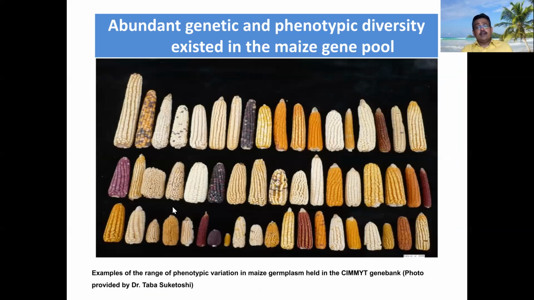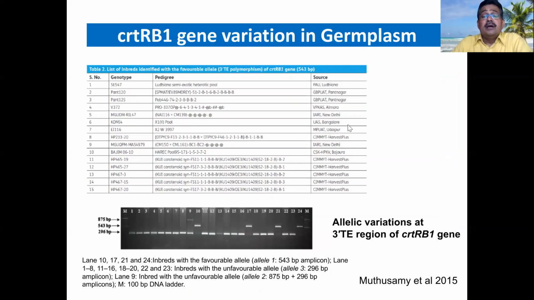So what we do is we request germplasm from CIMMYT, because CIMMYT is one of the largest depositories of maize germplasm. They have so many accessions, and they also screen the CIMMYT germplasm. IARI New Delhi also acquired some of the maize germplasm from CIMMYT which has the high beta carotene donor.